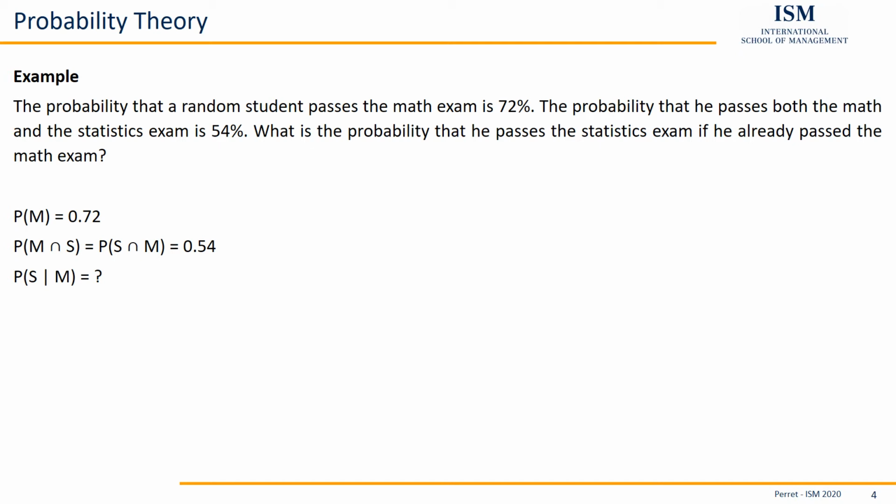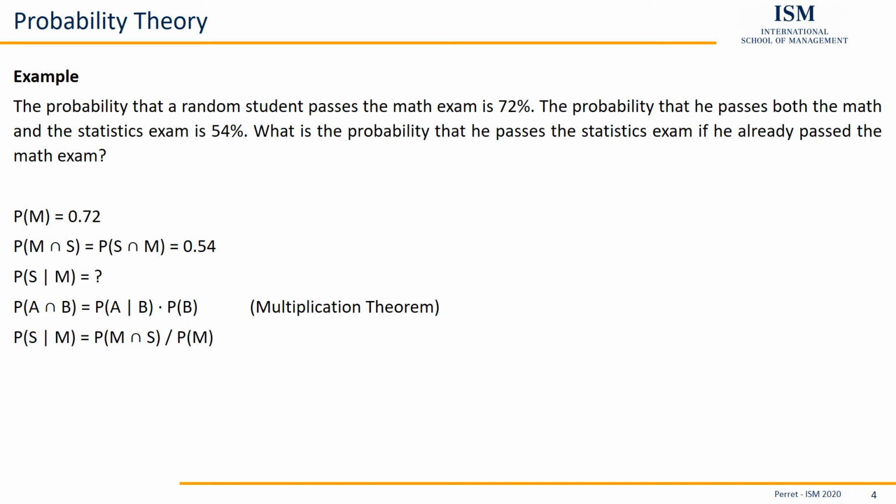And for this, we can use the multiplication theorem. I just copied this from the slide before. Here, however, the problem is we first have to solve for the conditional probability. So we divide this by P of B. In our case, we divide this by P of M. And obviously that's the only value we have.